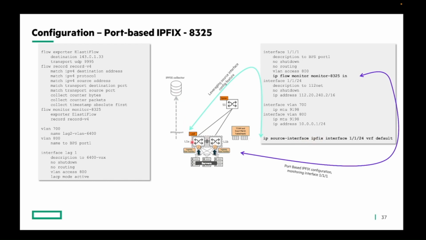Let's say my exporter connects to interface 1/1/24 here. Since it is only supported under default VRF, I've also highlighted that here for your clarity. So I'm leveraging that feature to use 1/1/24 as my IPFIX collector source interface. Pretty straightforward configuration, just this and the flow information.